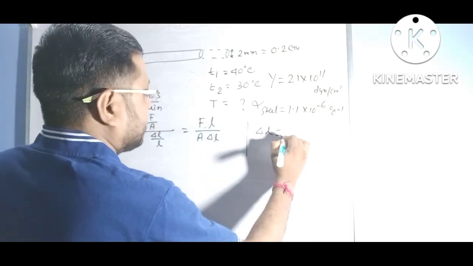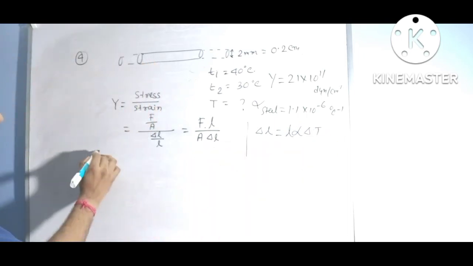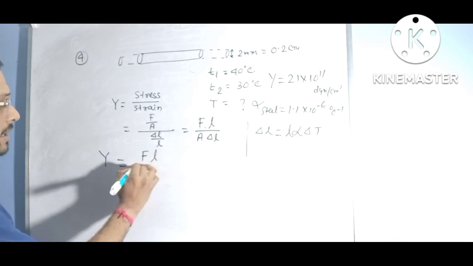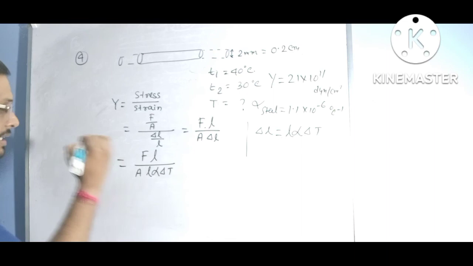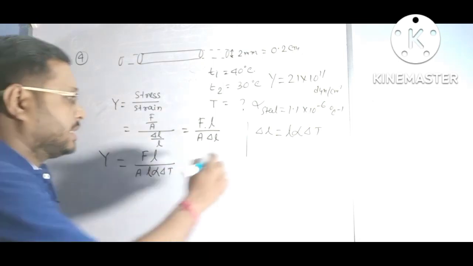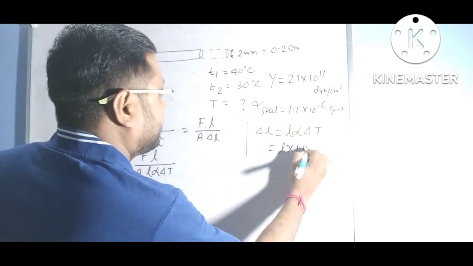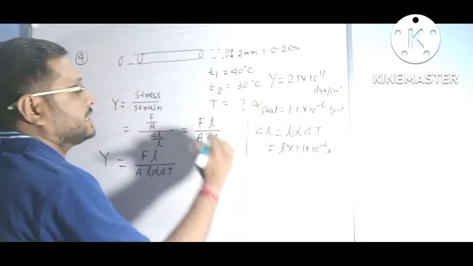Delta L is L alpha delta T. So, Y is equal to F L by A into L alpha delta T. So, L into alpha of steel is 1.1 into 10 to the power minus 6 and delta T is 40 minus 30, that is 10.